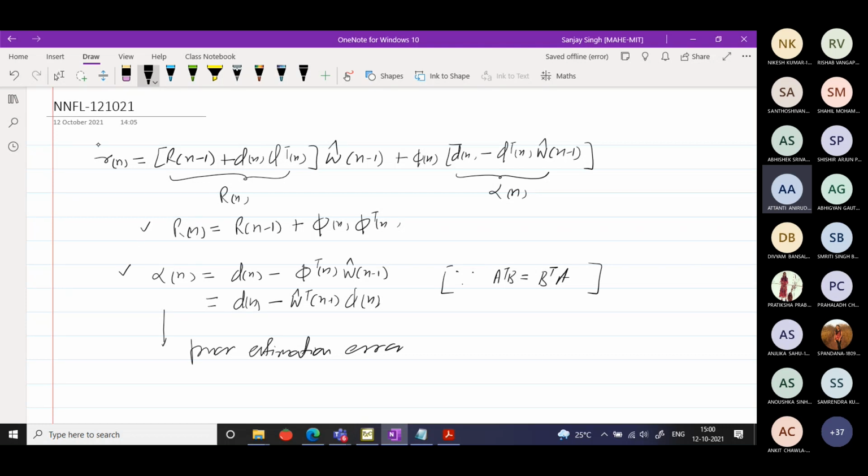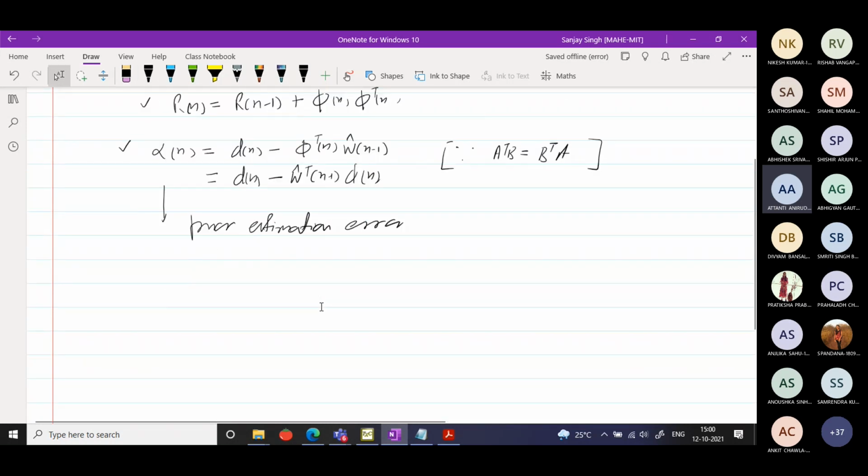Now let's see this. Including this, can I update this equation? When I update this equation, this becomes Wn equal to Wn minus 1 plus phi n alpha n, where alpha is a prior estimation error.